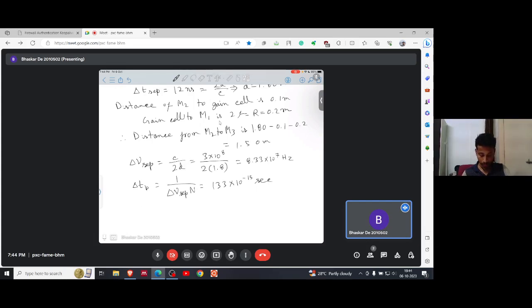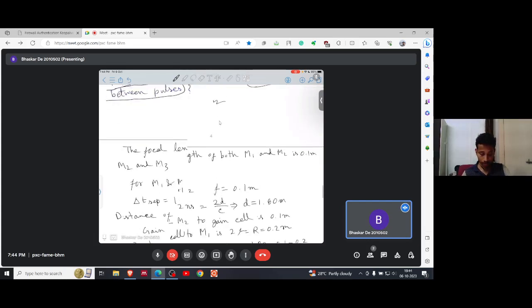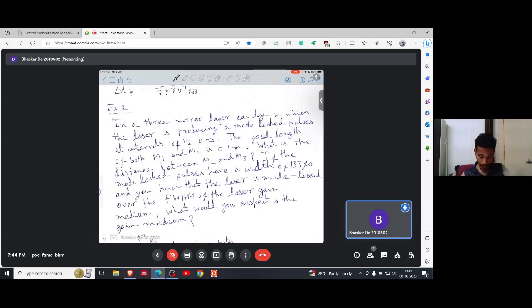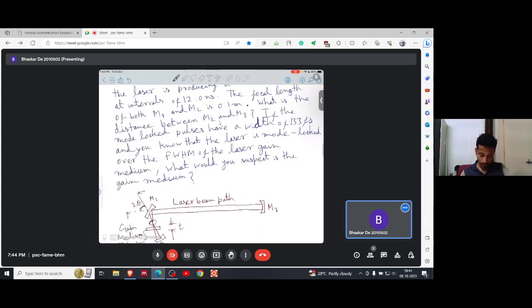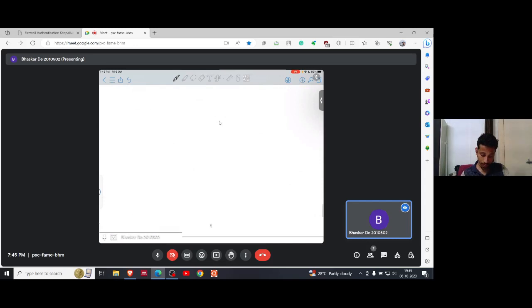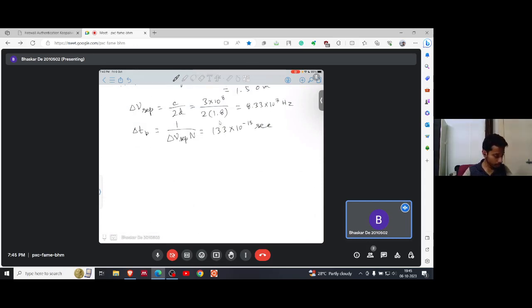So basically 1 femtosecond is equal to 10 to the power minus 15 second. That's why the pulse width of 133 femtoseconds is equal to the delta tp, and from here we will calculate.